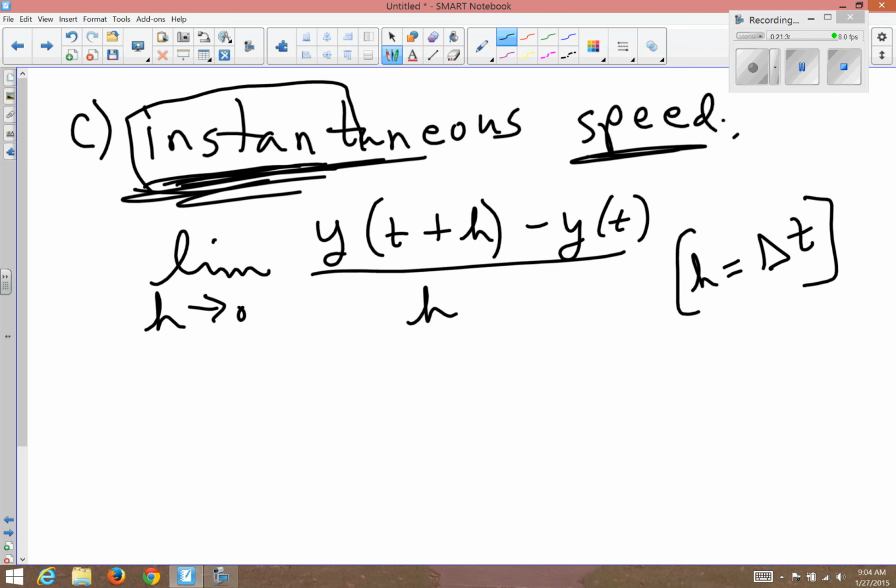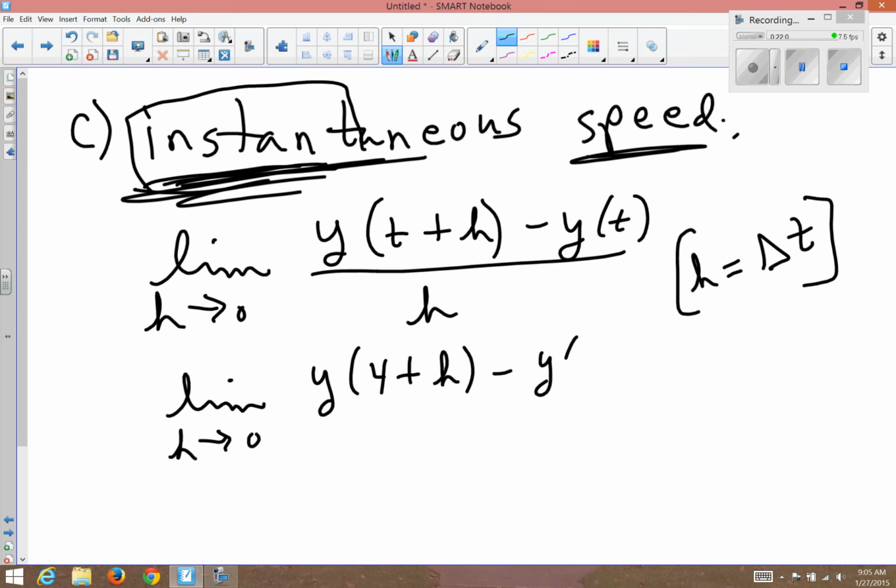So part C is asking for the speed at which the rock hit the bottom at that very instant. In other words, the limit as h approaches 0 of y, the position function, at 4, that's when it hit the bottom, plus h minus y of 4 all over h.